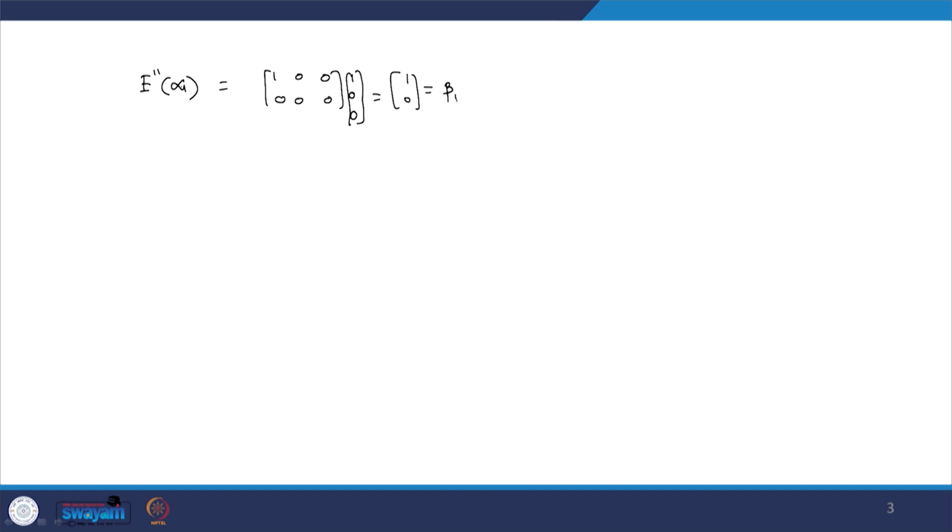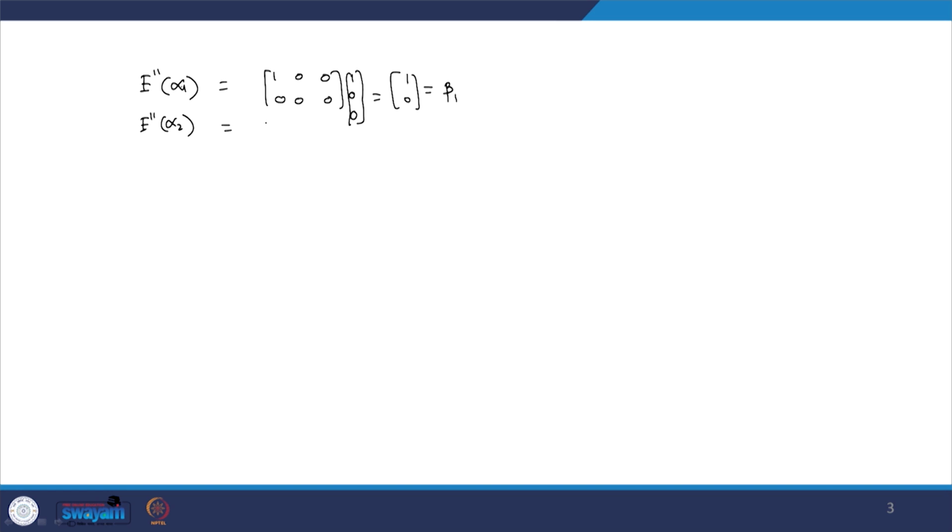So, E11 operating on alpha 1 equal to beta 1, but E11 operating on alpha 2 has to be 0, and E11 operating on alpha 3 has to be 0.